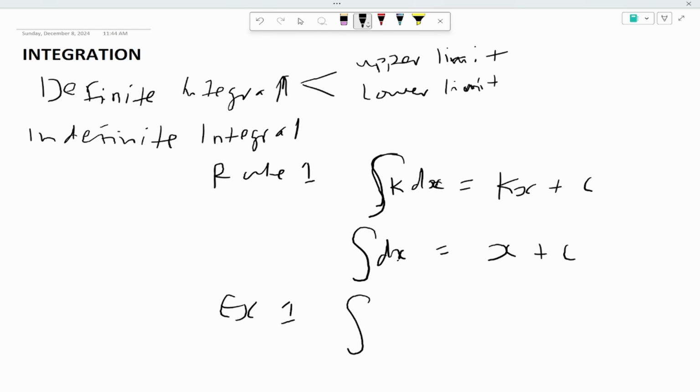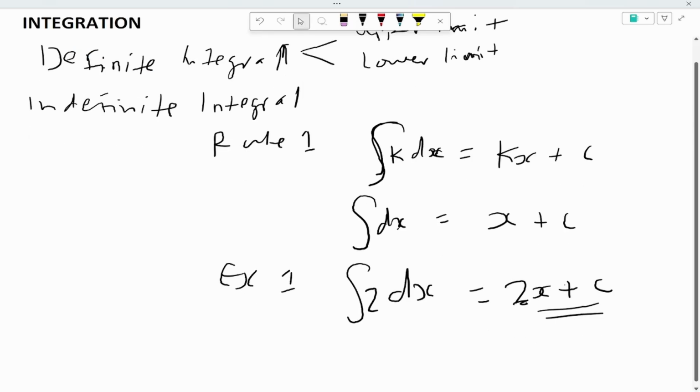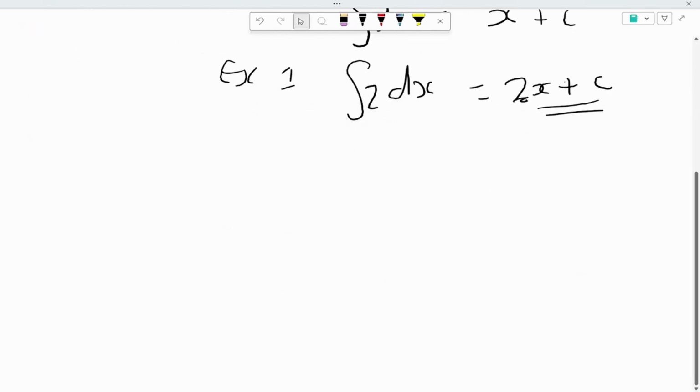Where you have something like the integral of 2 dx, what you have is an introduction of x, that is x raised to power 1, with a constant. This is what you will get when you integrate, because the power of the variable increases by 1.